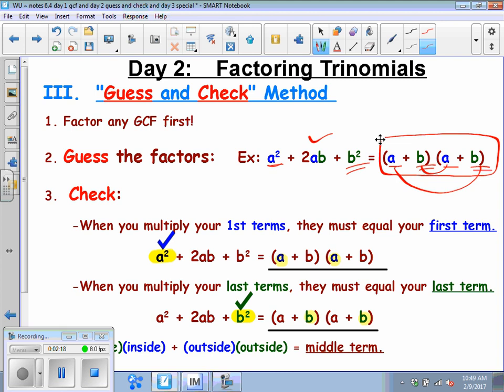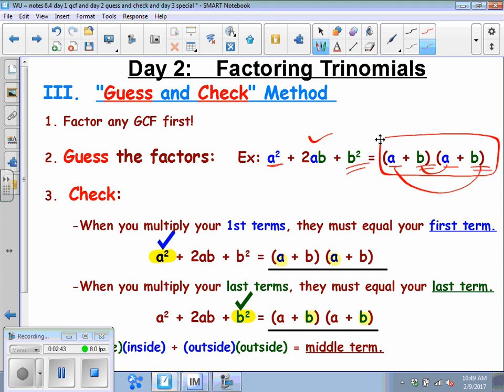Now, when we taught the AC method, remember there was a short method and a long method. Like if there was something in front of your squared term, then if you did the AC method, it was kind of long. You had to do grouping and all this, right? It was kind of a long process. This can, in most cases, shorten that process.